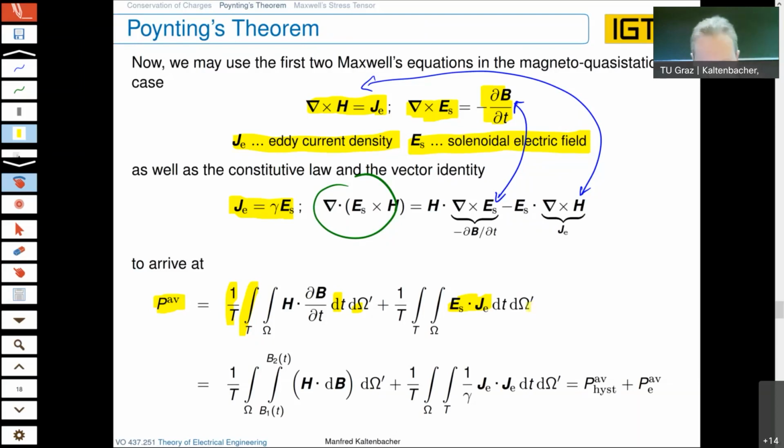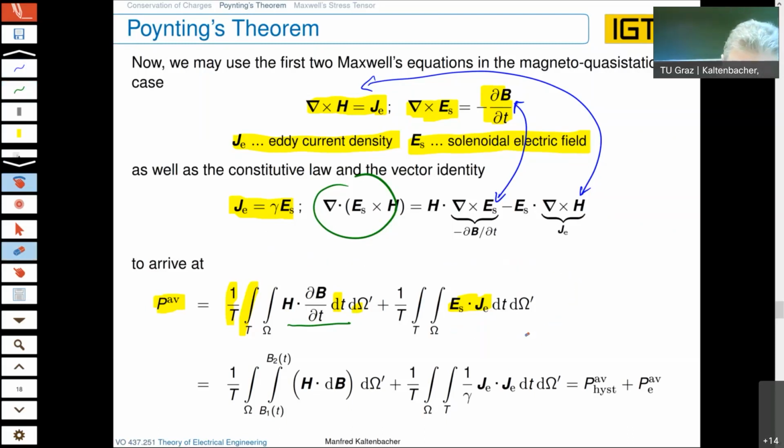Now, when you investigate this term, we have the time derivative, so this time derivative cancels out, and we can write the dot product between H and dB, and then integrate over the limits from B1 to some B2. And in this part, we already have substituted according to our general Ohm's law.